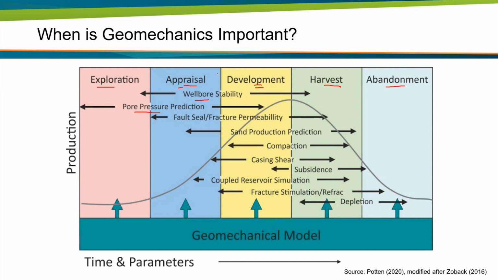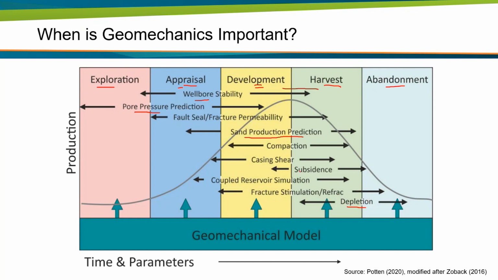And if you go further into the field life, production related issues or topics come into being, like sand failure, that usually happens at some point later in field life. So sand failure prediction is playing a role. Things like depletion are, of course, at the end of the field life.